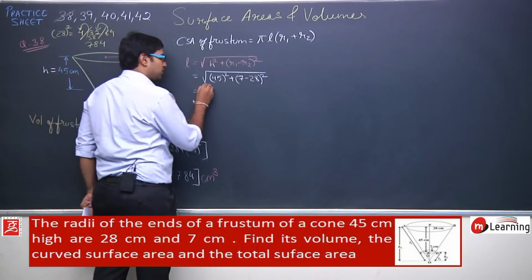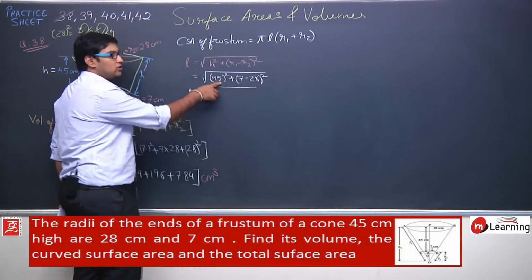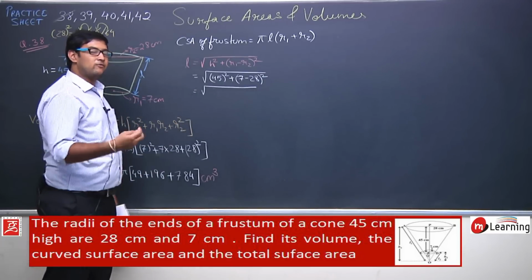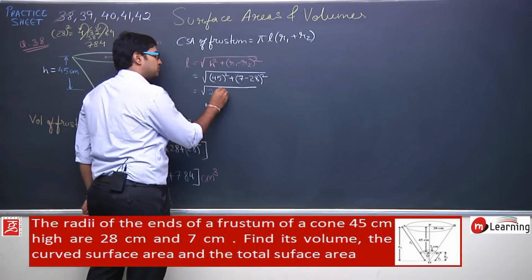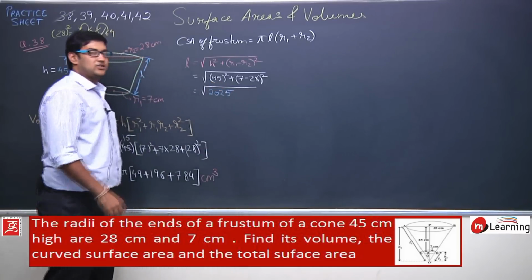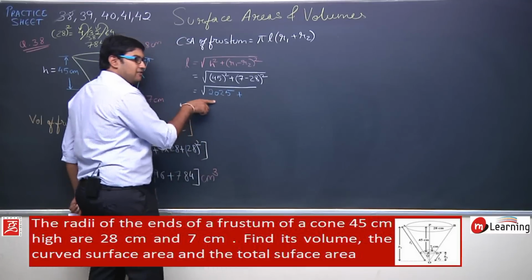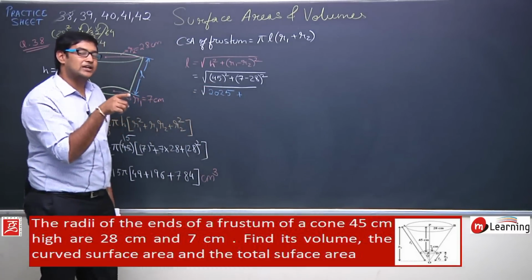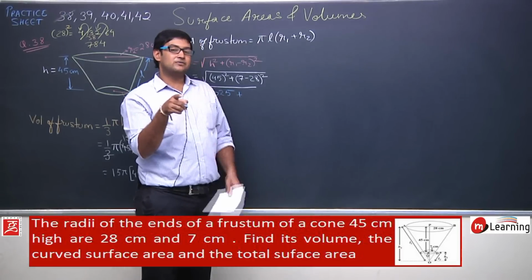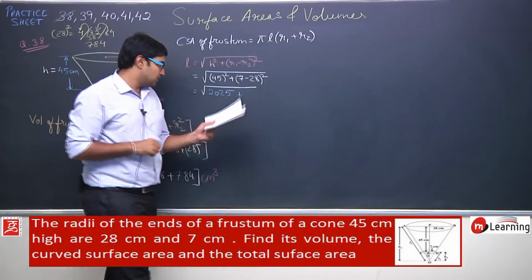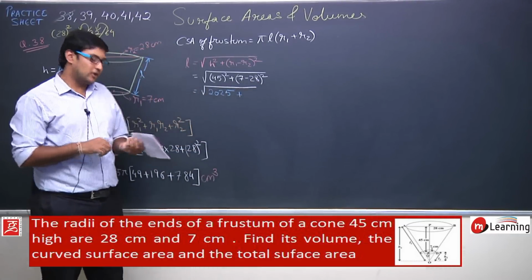So this will give you the square root of 45 square. What is the square of 45? 4 into 5 is 20 and the square of 5 is 25, so the square of 45 is 2025. Remember, I have discussed this trick also, how to calculate the square of numbers which have 5 at their end. Plus, 7 minus 28 will give you 21 square, and what is the square of 21?